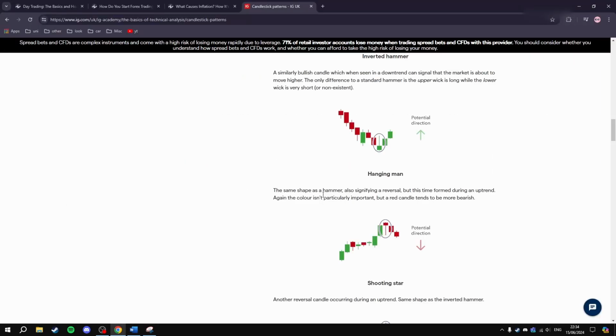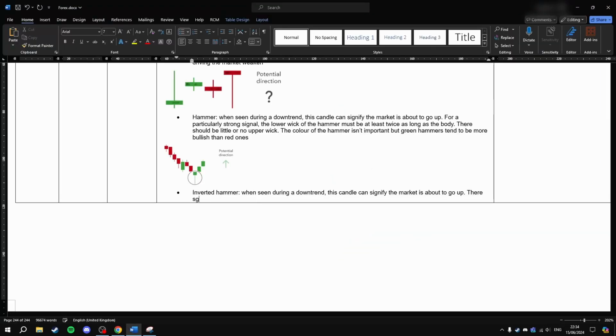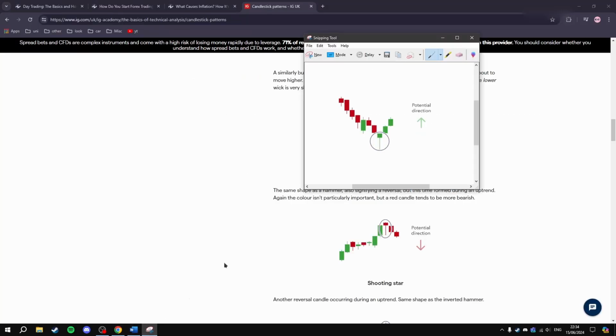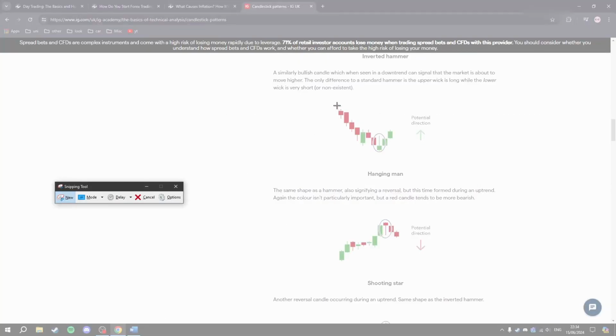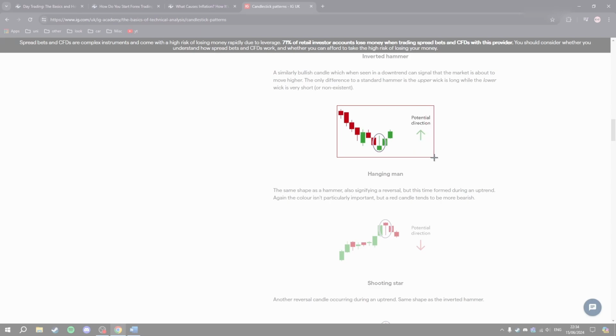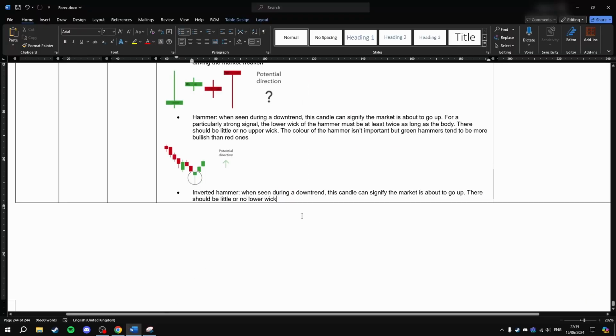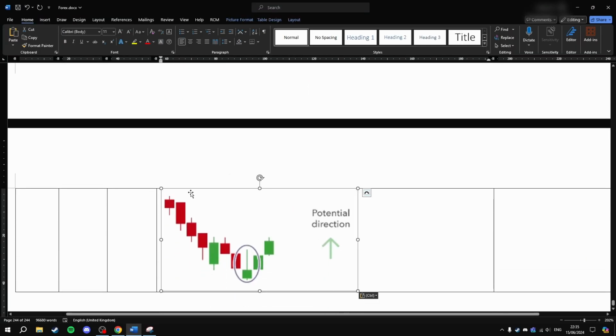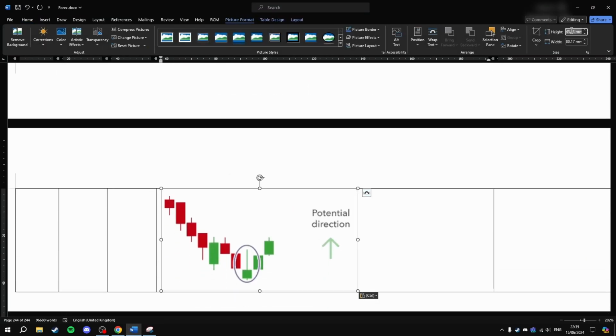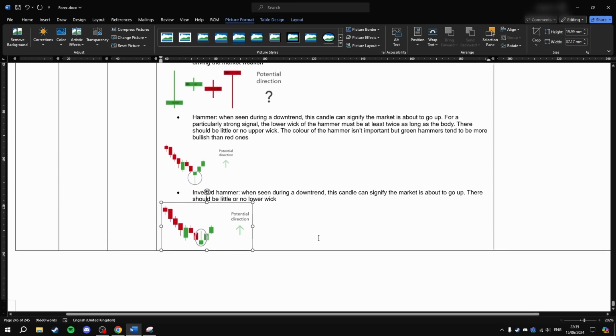There should be little or no lower wick. Then we've got the hammer here. Very good.